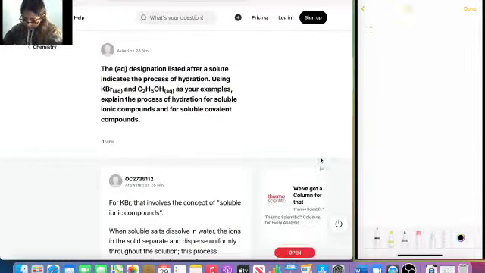So our next question, question 2, says the aqueous designation listed after a solute indicates the process of hydration. Using potassium bromide and C2H5OH, so ethanol, as your examples, explain the process of hydration for soluble ionic compounds and for soluble covalent compounds.